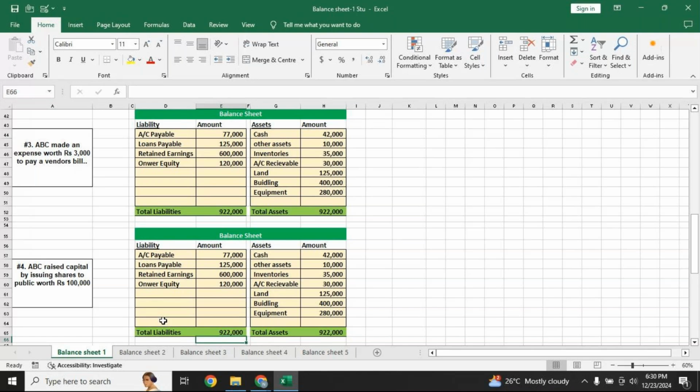So what I am supposed to do here: I am raising the capital, so retained earnings will be plus 1 lakh.